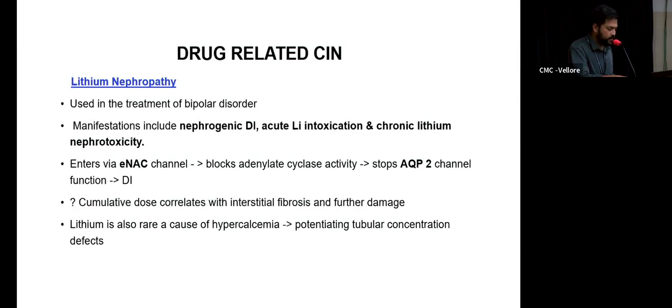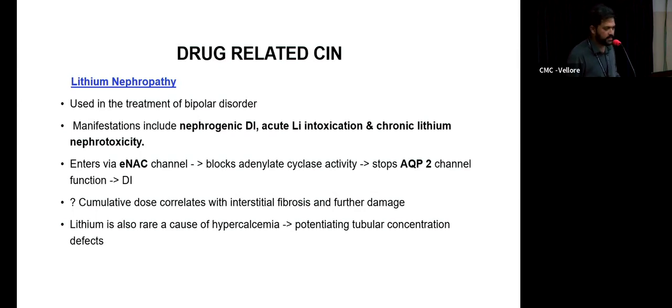Does the cumulative dose correlate with interstitial fibrosis and further damage? Yes, it does. It may not happen with a single dose. It can happen over a prolonged period of time, and the damage can be pretty damaging, as in it cannot be recoverable in some cases. So lithium is also a cause of hypercalcemia.